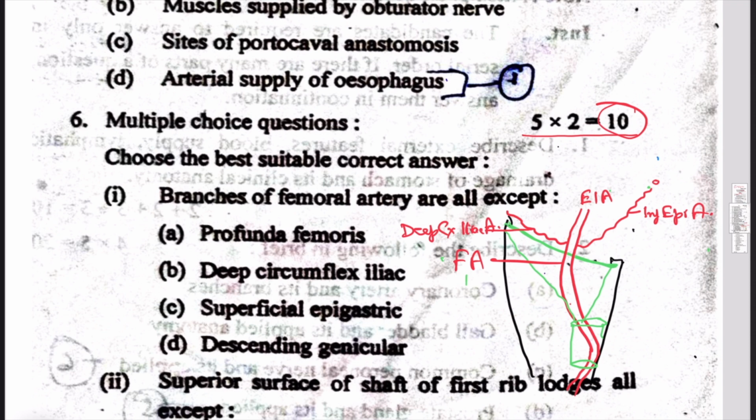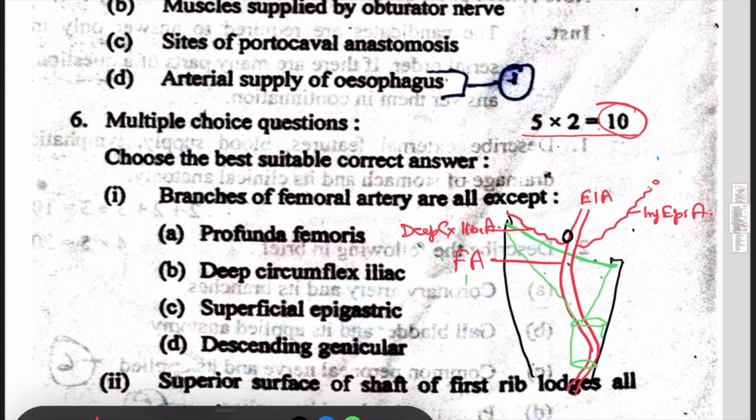And there's a branch from the inferior epigastric artery. Remember one thing, what important structure I told you was here somewhere: the deep inguinal ring, right? The deep inguinal ring is lateral to the origin of the inferior epigastric artery.